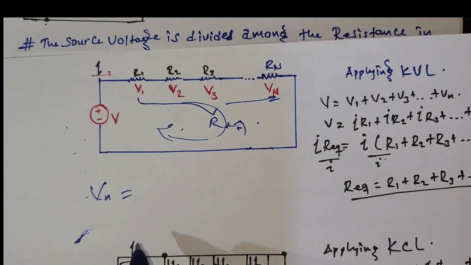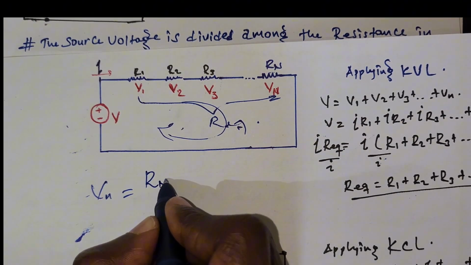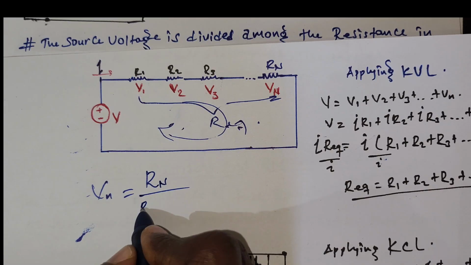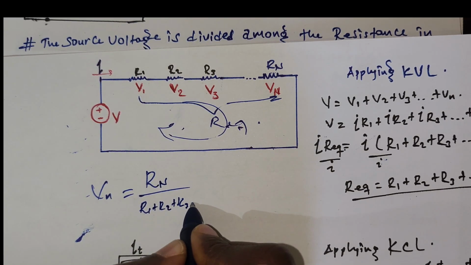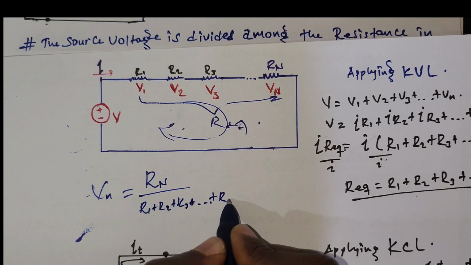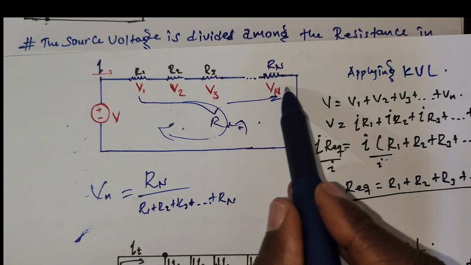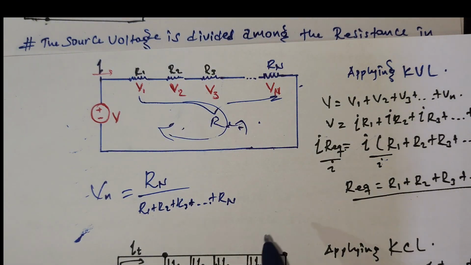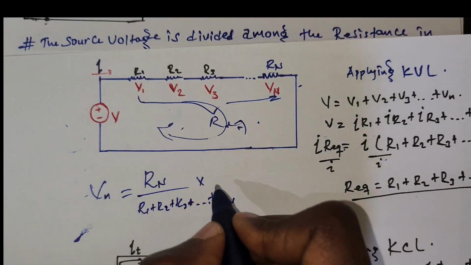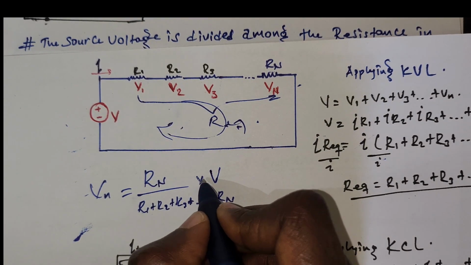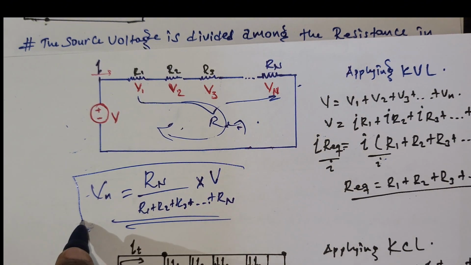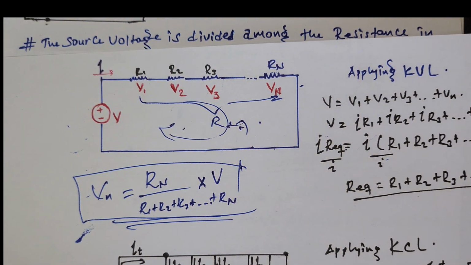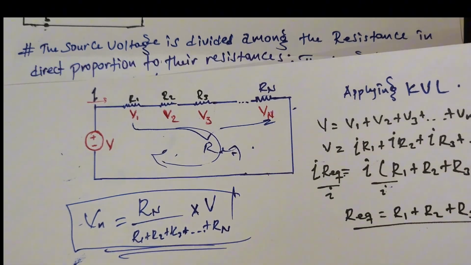Vn is Rn over R1 plus R2 plus R3 up to Rn, the summation or the equivalent resistance, times the supply voltage. This is how we can calculate the voltage drop across the nth element.